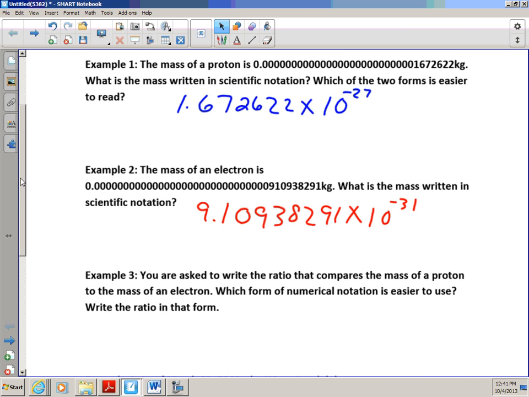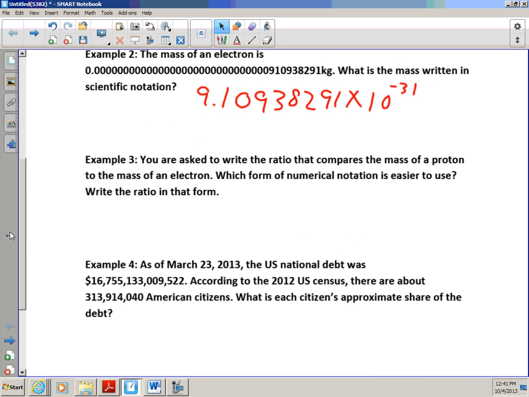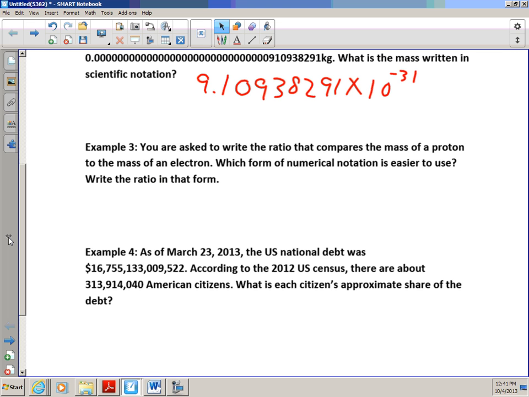Well, let's say, as we are in example number 3, we're asked to compare these two numbers in a ratio form. You should recall that in math, a ratio is another way of saying division, and it can be written 3 different ways: using the fraction bar, the colon, or the word to. Well, we're going to use the fraction bar because we eventually want to be able to divide what we're coming up with here.